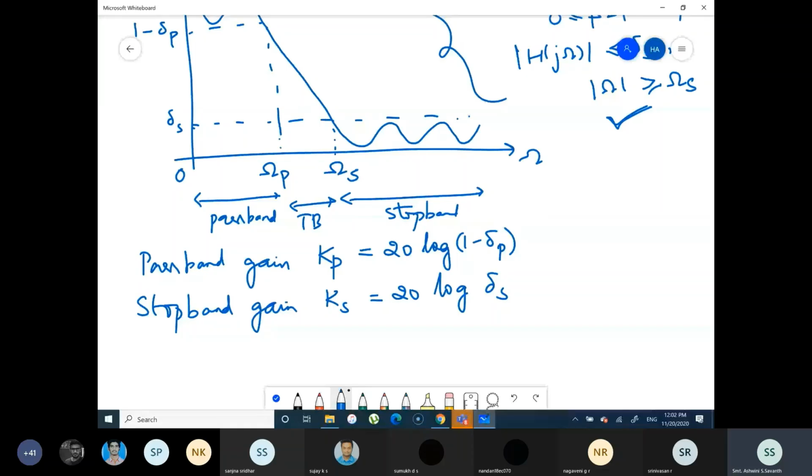So the conversion to decibels is required for us here. So Kp is 20 log of 1 minus delta p and Ks is 20 log of delta S. Those are the general filter specifications that will be given to us.